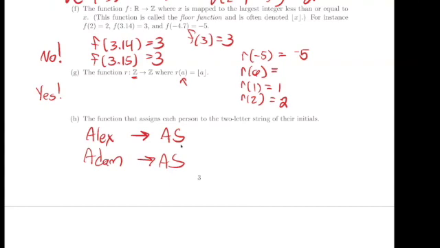Okay, good. So I just wanted to build some intuition about what properties we are looking for when we're trying to determine injectiveness. Now let's think about how we can show this more formally. We've talked about how we can disprove it just by giving one counterexample.